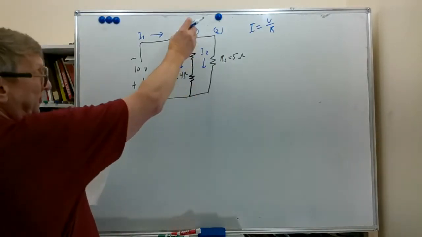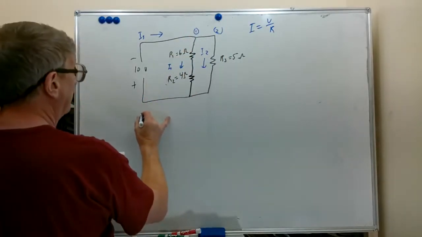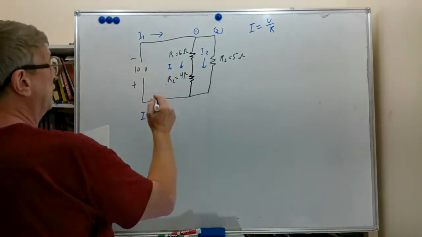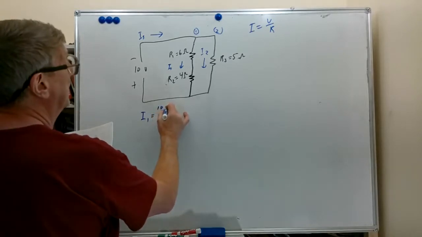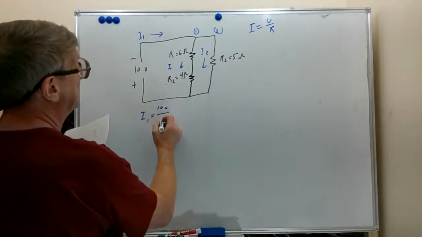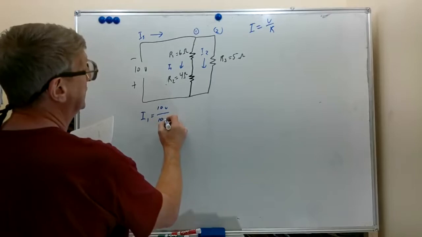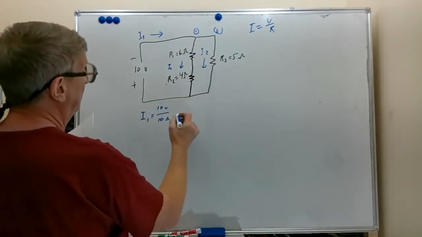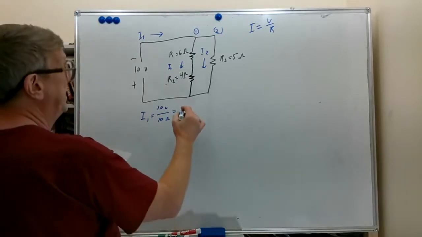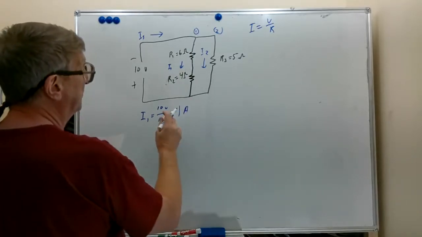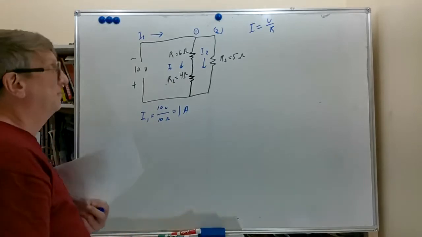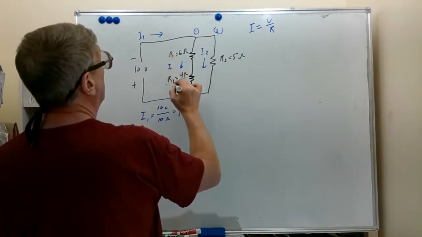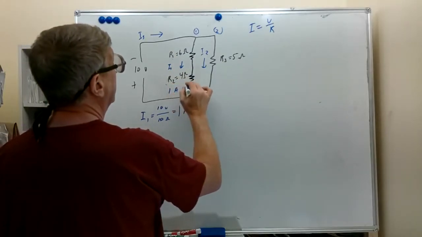We have a total of 10 ohms in branch 1, so we'll say that I1 is equal to the 10 volts applied to branch 1 divided by the 10 ohms total resistance of branch 1. 10 divided by 10, we got 1 amp. This is volts divided by ohms, so it's amps. So we'll write 1 amp right here.